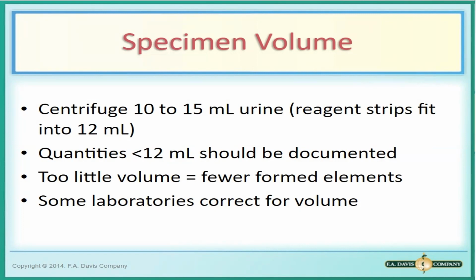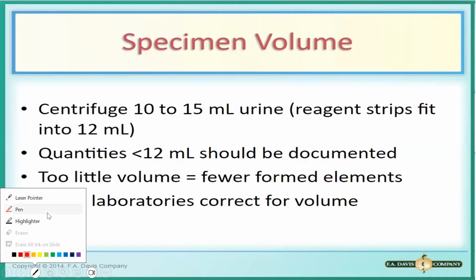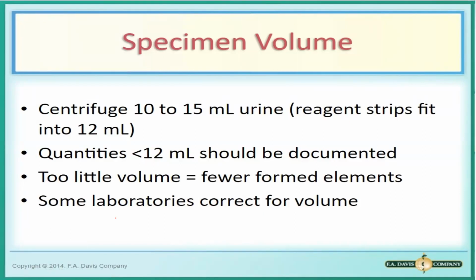Preparation of sediment, specimen volume around 10 to 15 ml ang recommended. When you say 10 to 15 ml, yun yung nasa tube. Most especially kapag 10 parameters yung inyong reagent strip, kasi kung 5 ml tubes lang gagamitin nyo, hindi kasya yung 10 parameter strip.